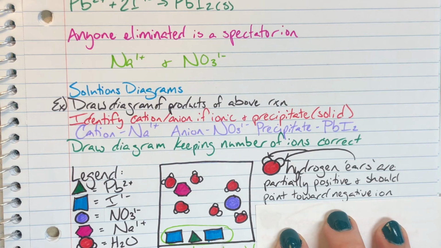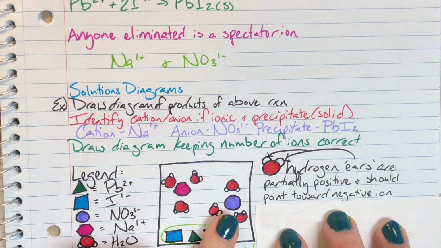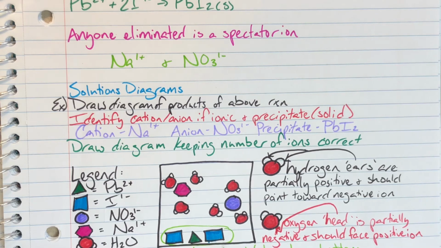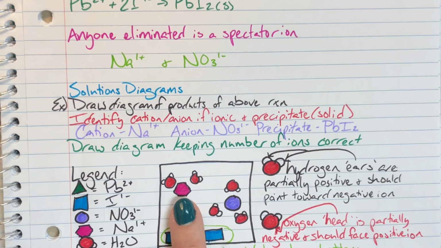And since they are partially positive, they are going to be attracted and point toward anything that is negative. So my negative ion, which is that nitrate, will attract my hydrogen ears, and so those will point toward it. And my oxygen head is partially negative, and so it will be attracted to my positive sodium.